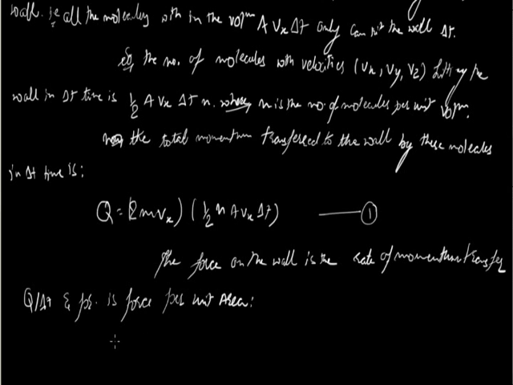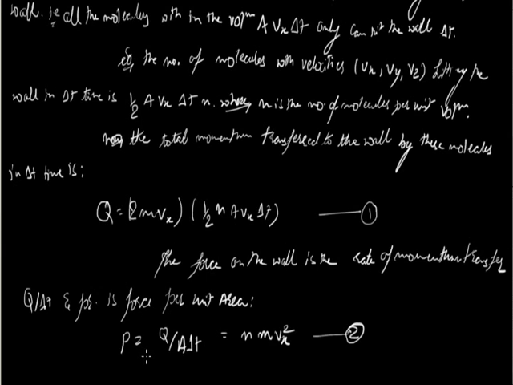So we can write P is equal to force per unit area, which here will be n m vx square. This will be equation 2.